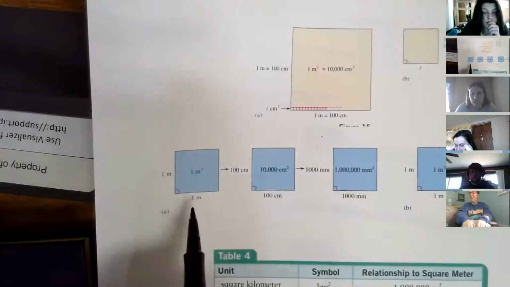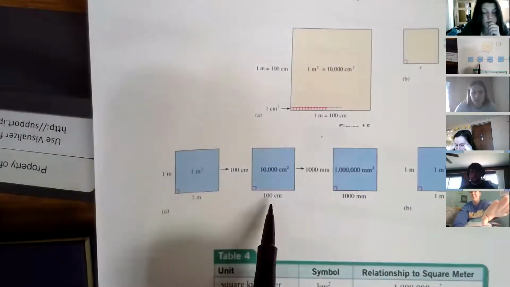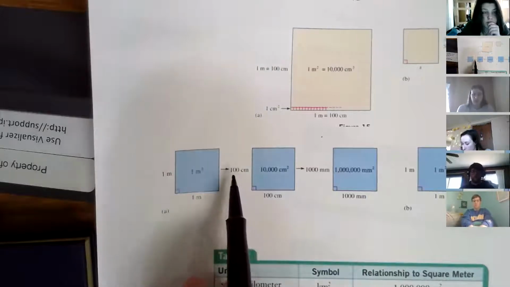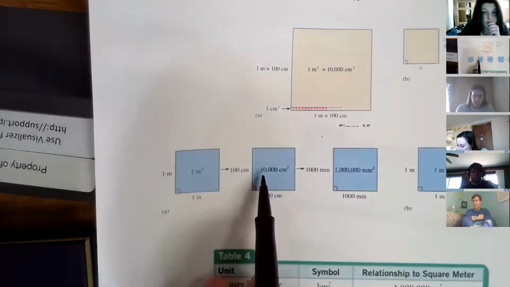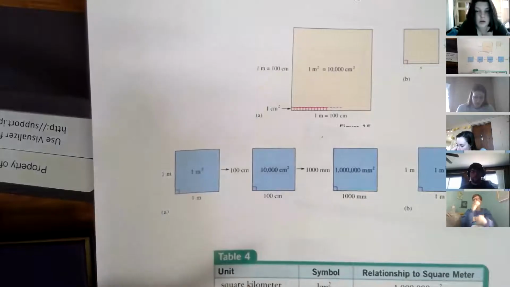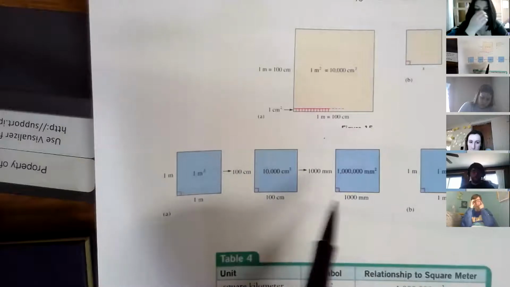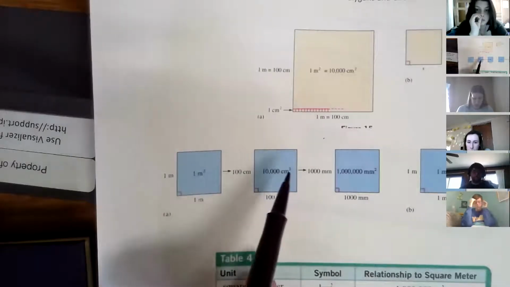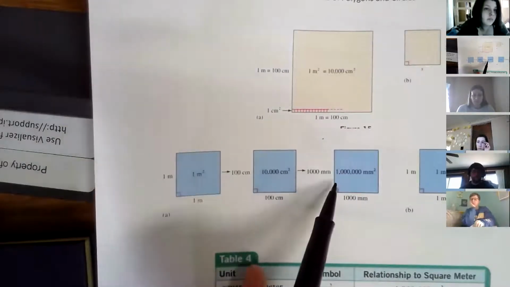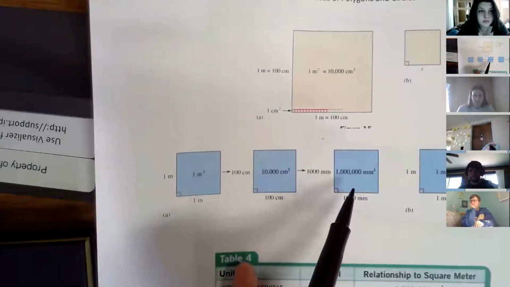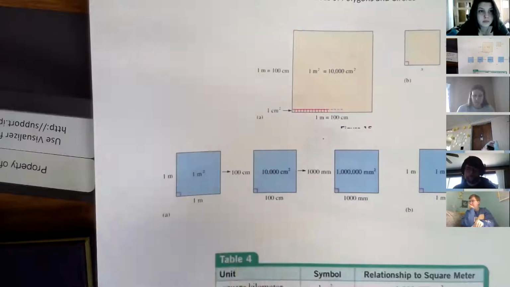So you can change this 1 meter to 100 centimeters and this meter to 100 centimeters. So that'd be 100 times 100, which is 10,000. Does that make sense? And then if I wanted to convert that to millimeters, 100 centimeters is 1,000 millimeters, and that's 1,000 millimeters, so that would be 1 million square millimeters.